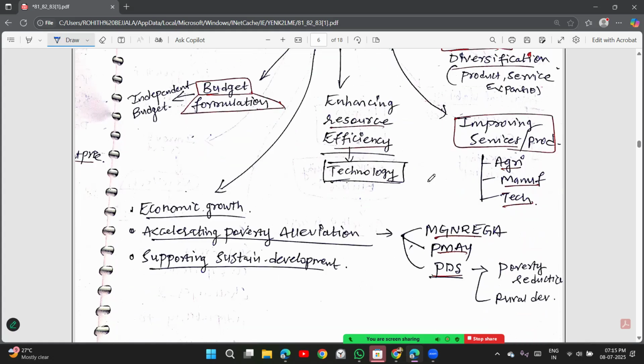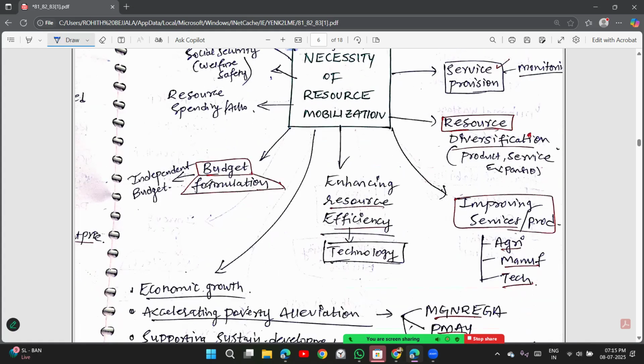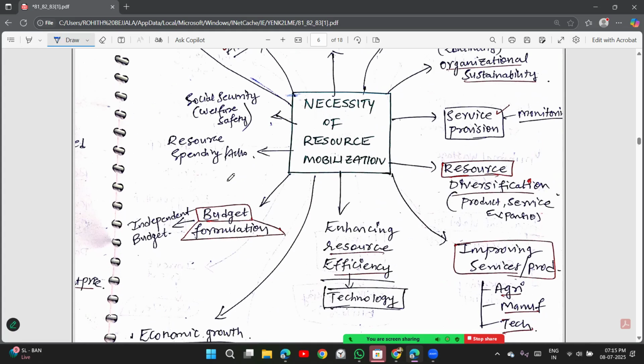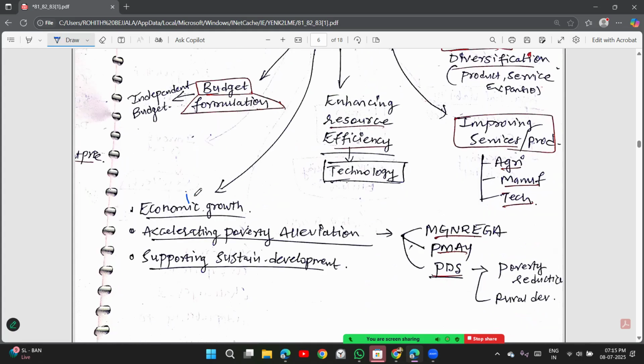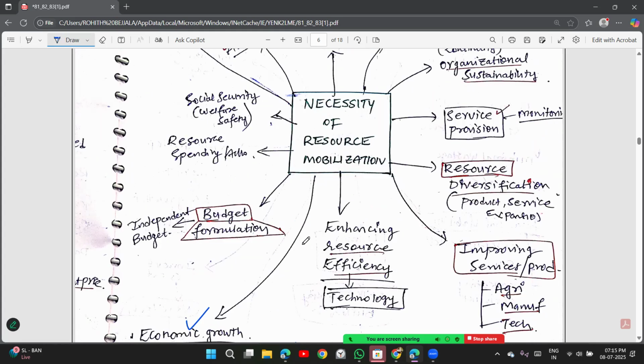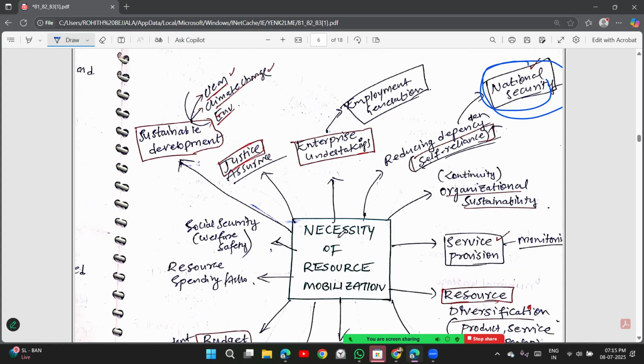The basic necessity of resource mobilization is that it will drive economic growth, and it will help in poverty alleviation and achieving sustainable development goals. And also, if the resources are mobilized properly, then we can achieve social security.